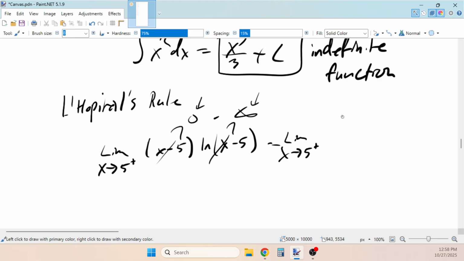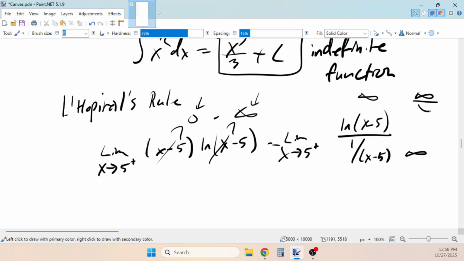But I think that it'll be natural log of x minus 5, over 1 over x minus 5. Now, top goes to infinity, the bottom also goes to infinity, so we get an indeterminate form. That allows us to use L'Hopital.